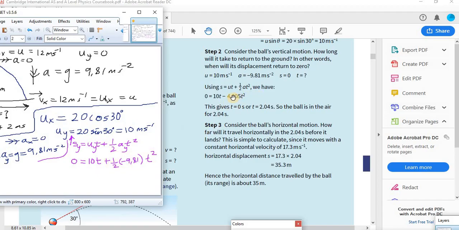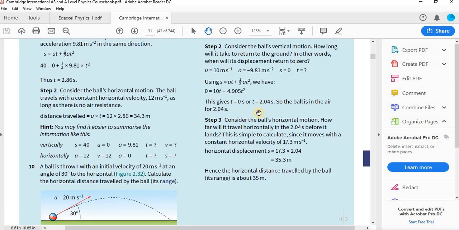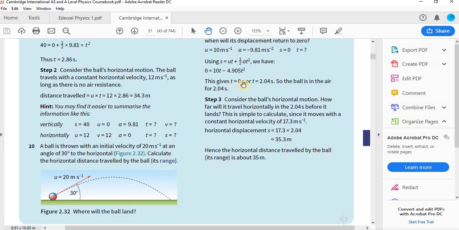So when you divide this by 2, you get this. And then since it's a quadratic equation, there will be two values for t. One is 0 and the other is 2.04. Why 0? Because that is the time when the displacement is 0. So the vertical displacement is 0 here as well as here, and here the time is t equals 0. Here the time is 2.04.